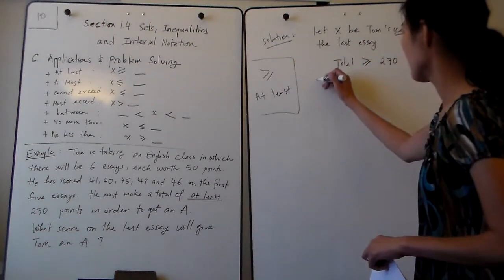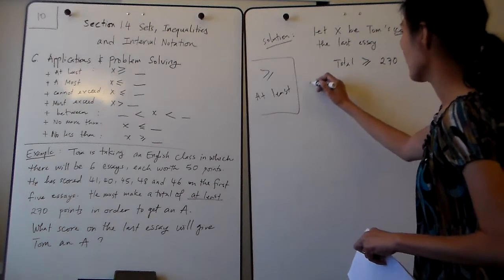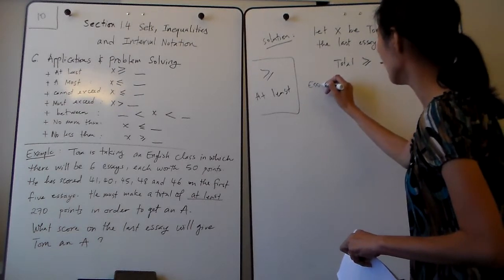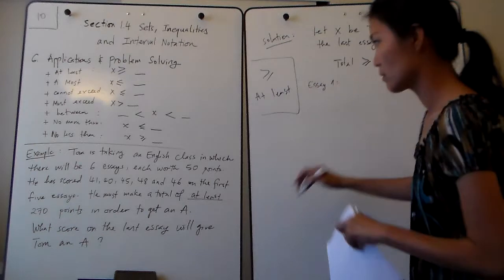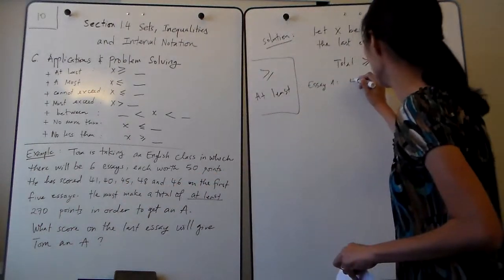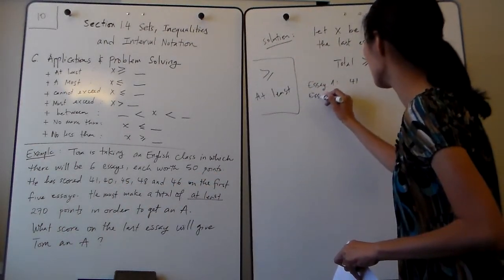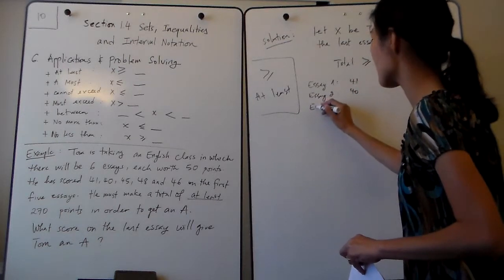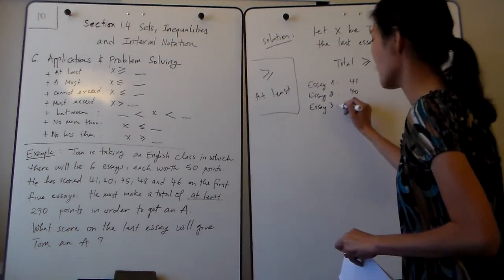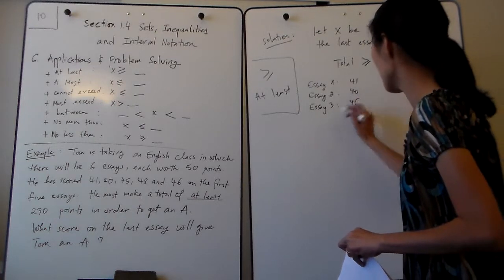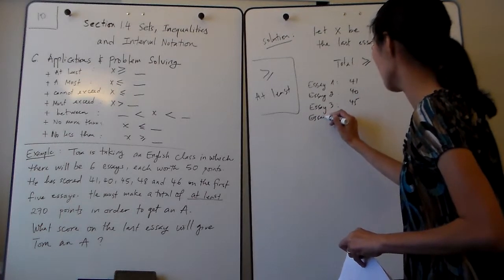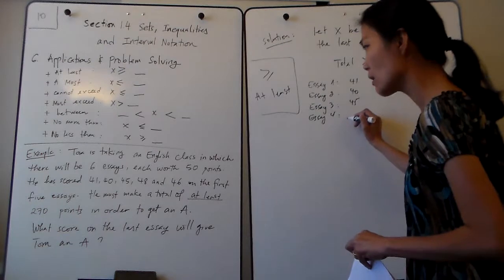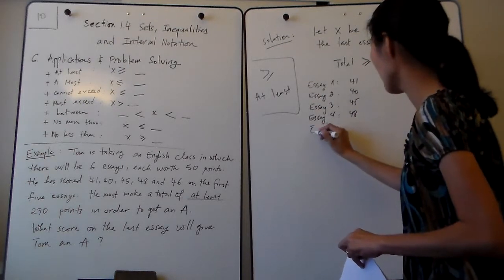So, let's see. We know that essay 1, he got 41. Essay 2, he got 40. Essay 3, he got 45. Essay 4, he got 48.